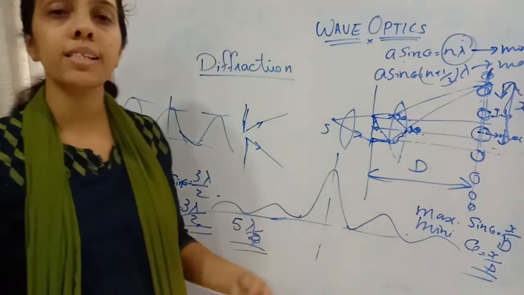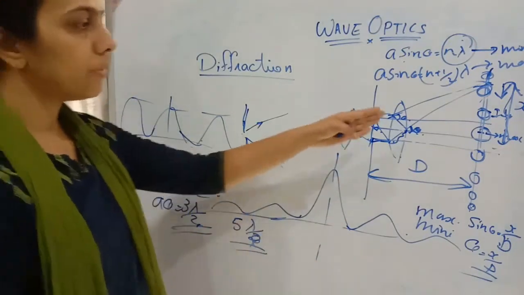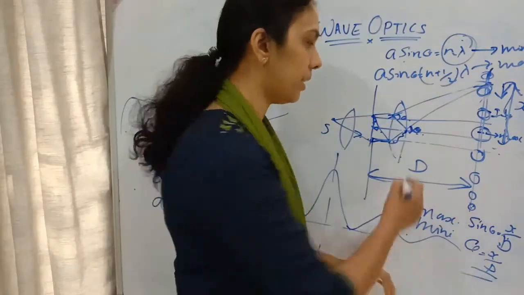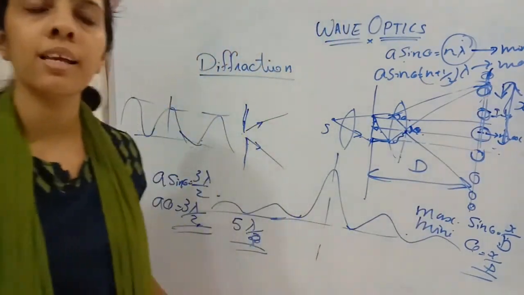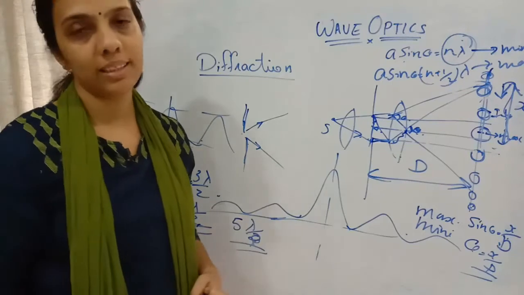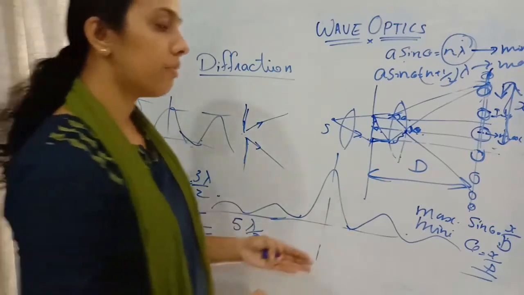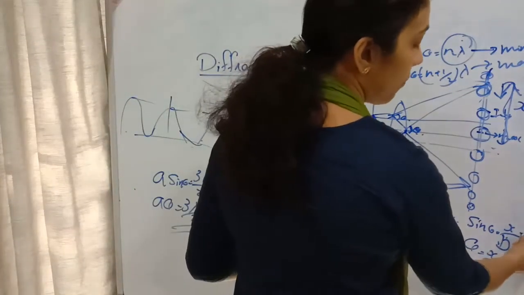And the angular separation, when theta is x by D, between these 2 points will be 2x by D. What will be the value of x?